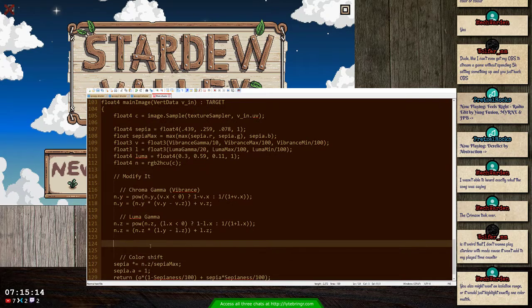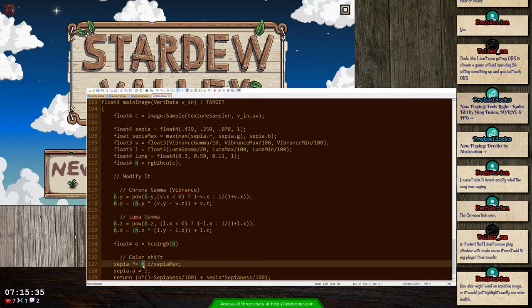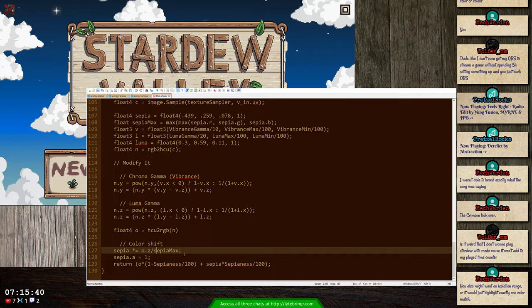And then 4 of O equals HCU to RGB of N. What else?